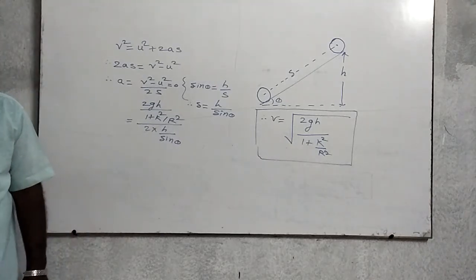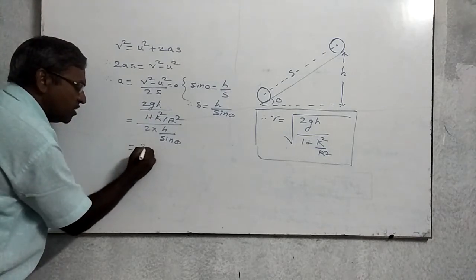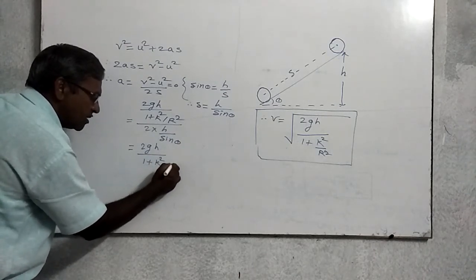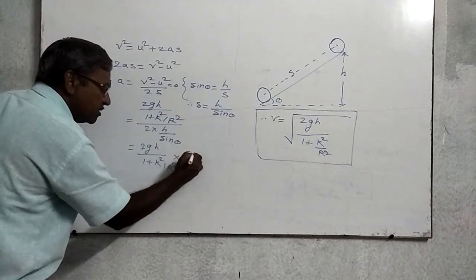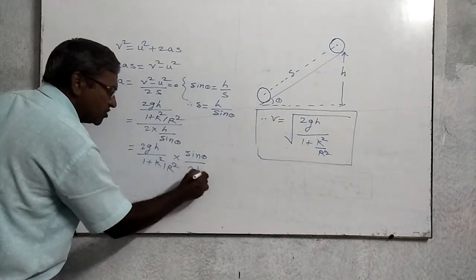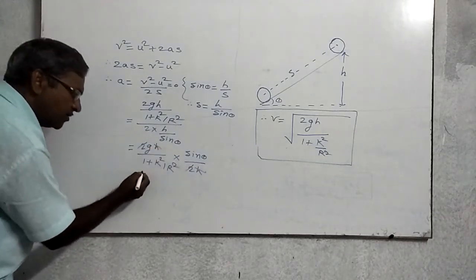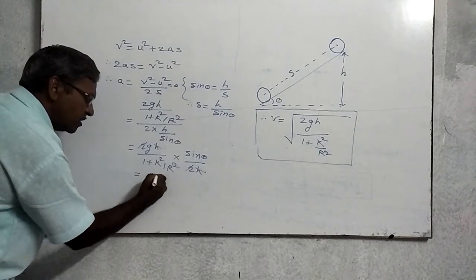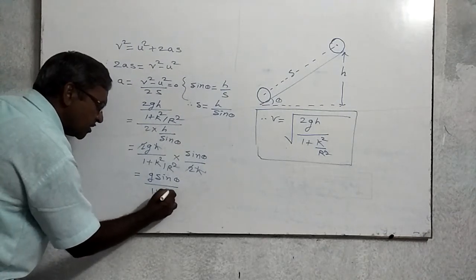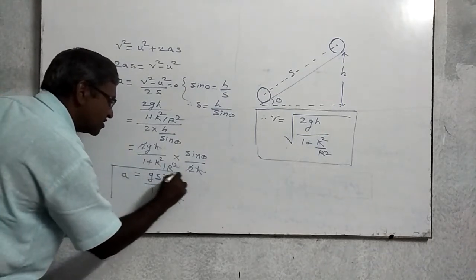So simplifying this factor, you can have twice gh upon 1 plus k square upon r square into, this will get inverted, sin theta upon 2h. Now here h gets cancelled, 2 gets cancelled, and what is remaining? g sin theta upon 1 plus k square upon r square. This is for linear acceleration.